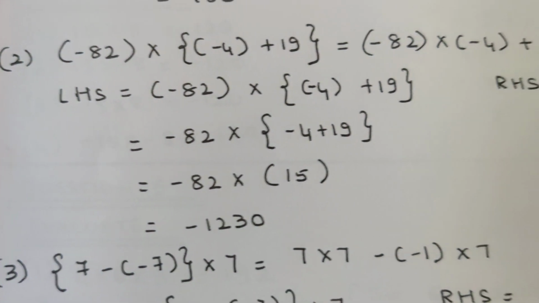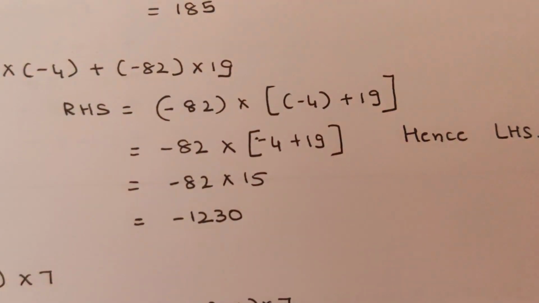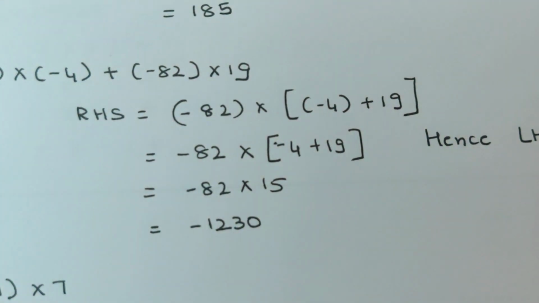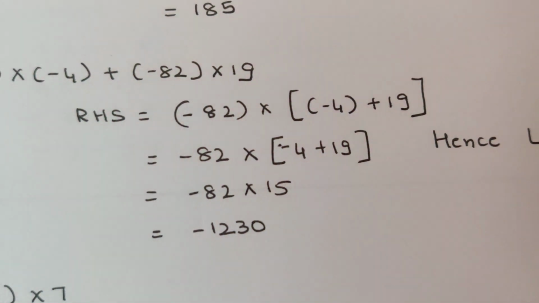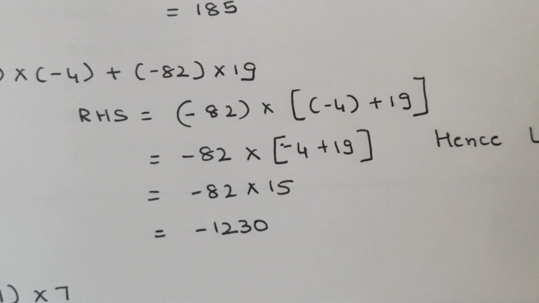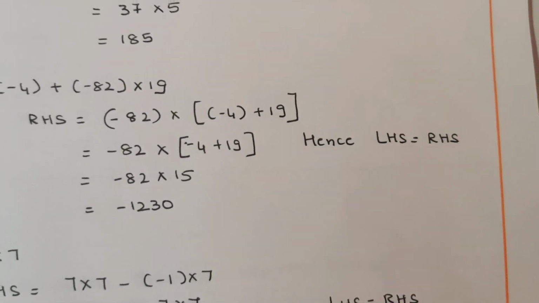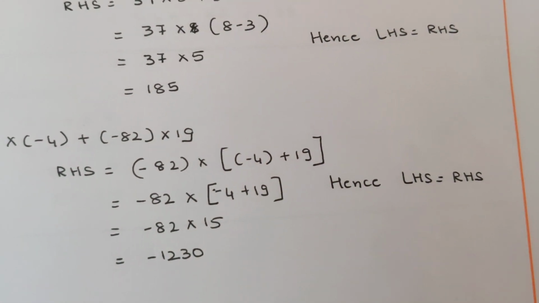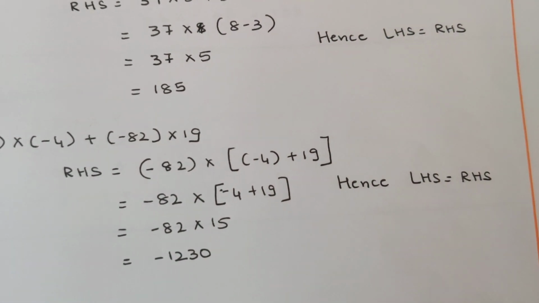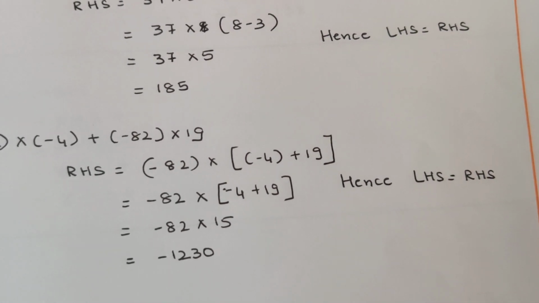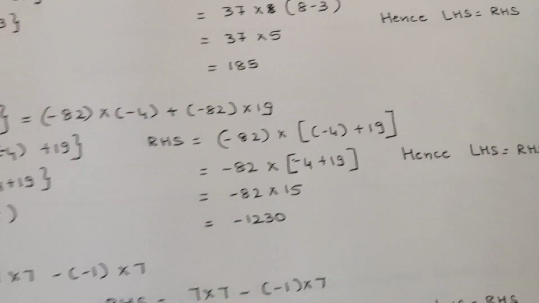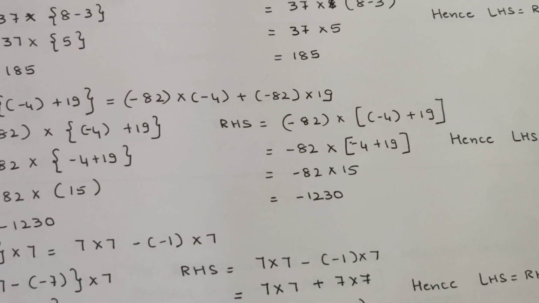Hope it is clear. And how I solve the RHS. Both LHS and RHS are equal and is equal to minus 1230. Hence LHS is equal to RHS, and we could just state that the above mentioned problem is verified.